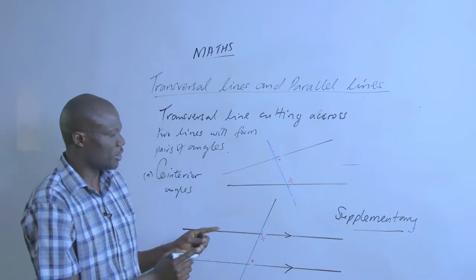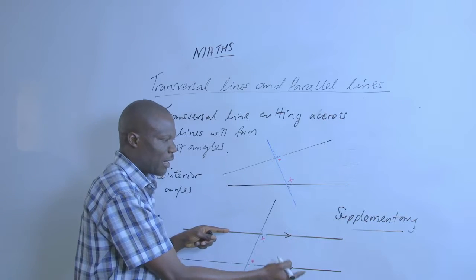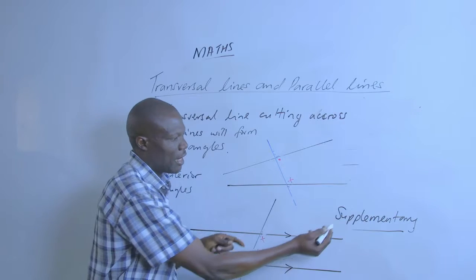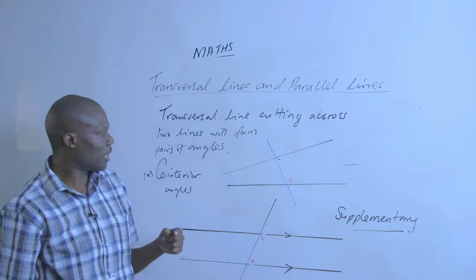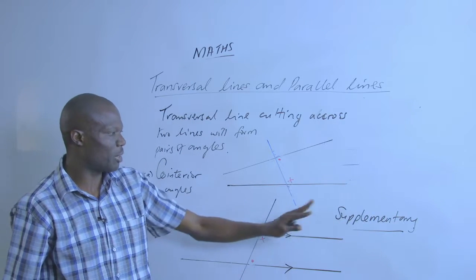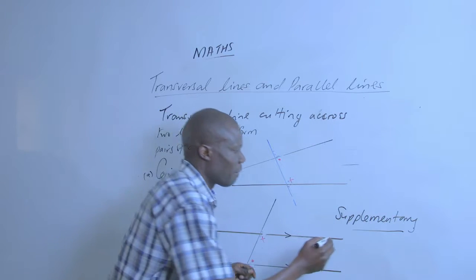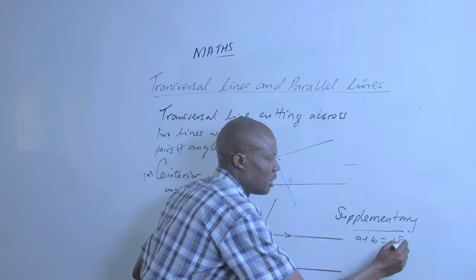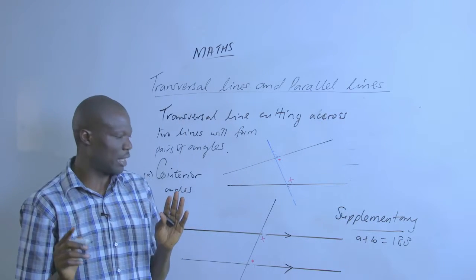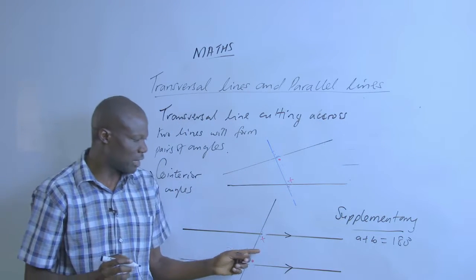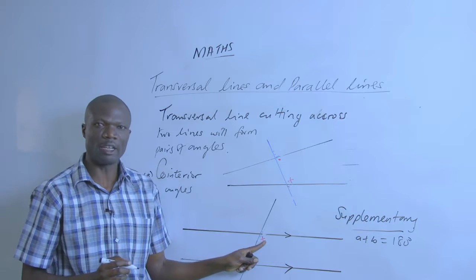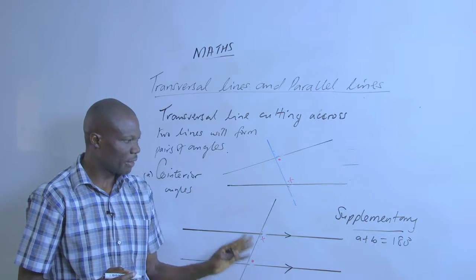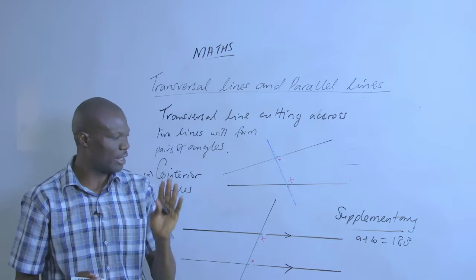Co-interior angles of parallel lines are supplementary. Taking you back to what supplementary means, it simply means that the sum of any two angles that are supplementary should give us a total of 180 degrees, which implies that the angle here at the point marked X and the angle at the point marked with a dot should give us 180 degrees.